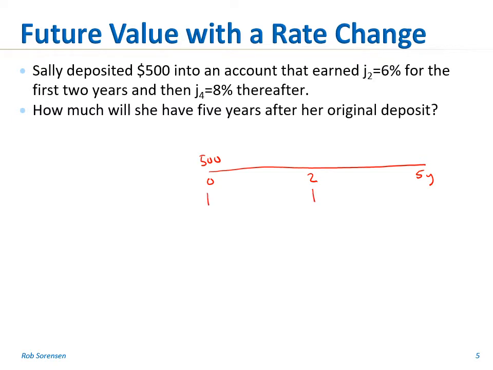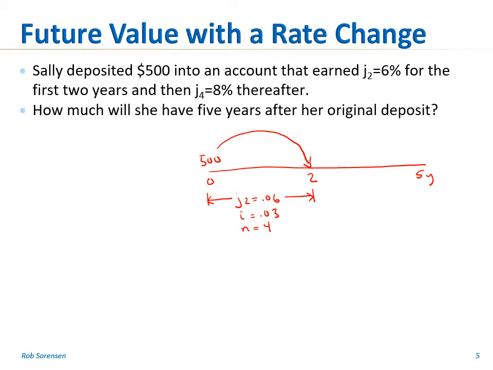For this first part of the question, that's where we have J2 is equal to 6%, isn't it? Well, in that case, i is going to be 0.03. And if I'm compounding twice a year for 2 years, n would be equal to 4.